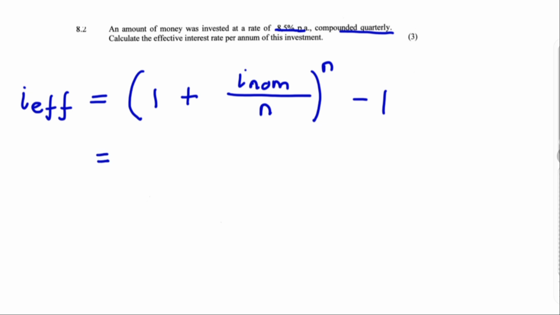So we want to calculate the effective interest rate. Here they have given us the nominal interest rate, which is 8.5%, and when we convert that to a decimal, it is 0.085, and we are compounding quarterly, so we divide the interest by 4.